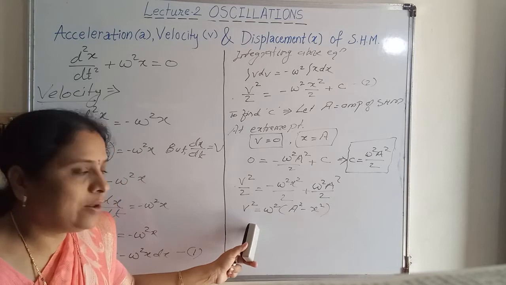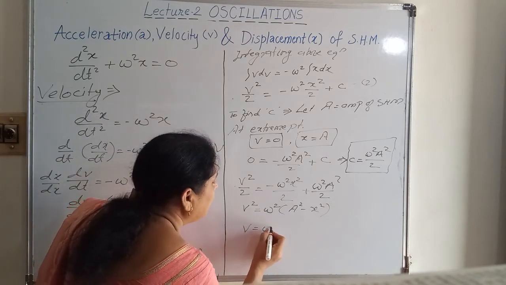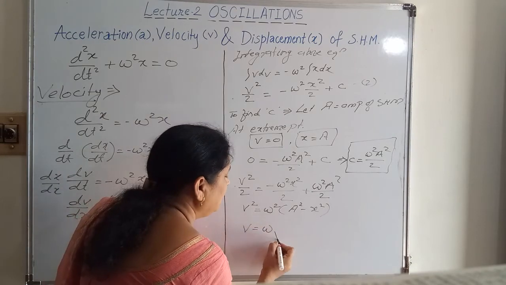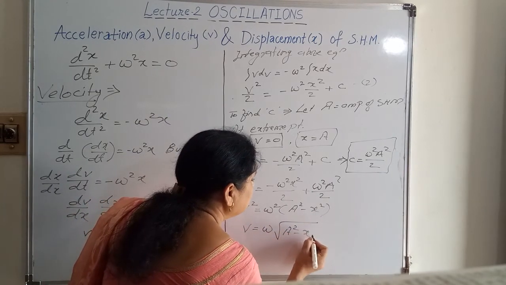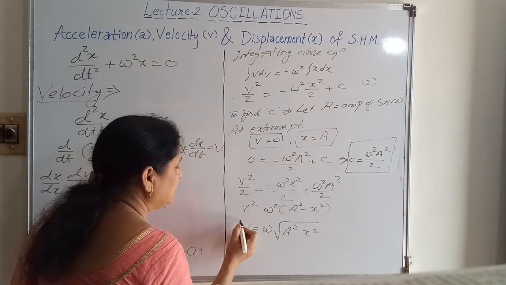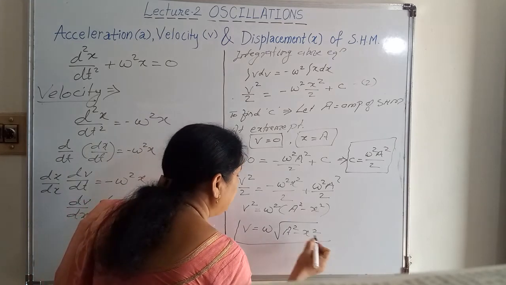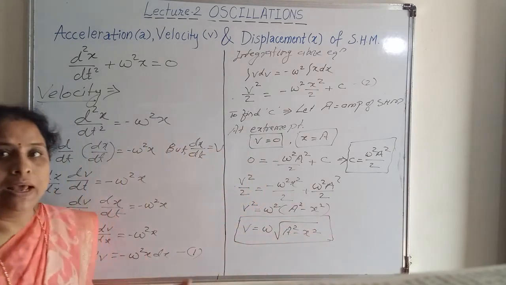By taking the square root of this equation, v is equal to omega under root a square minus x square. This is our equation for velocity of a particle performing linear SHM.